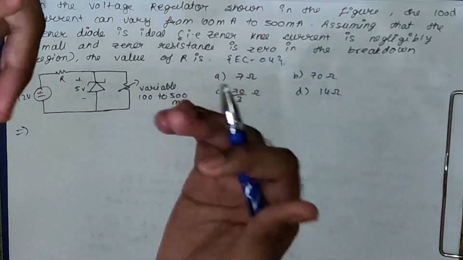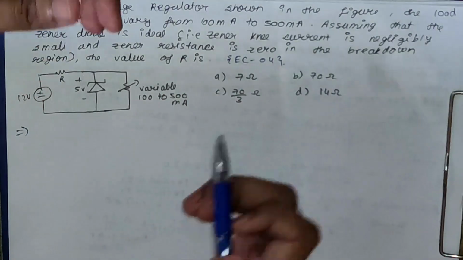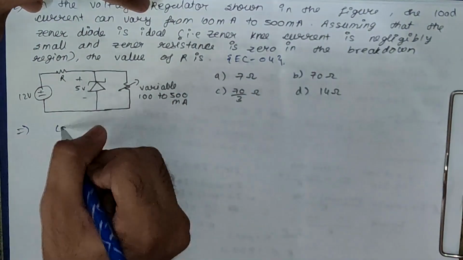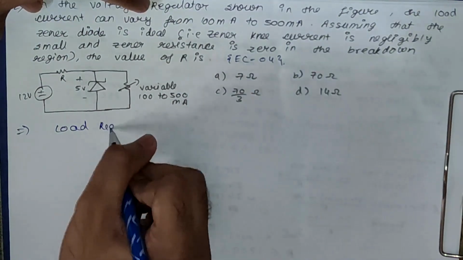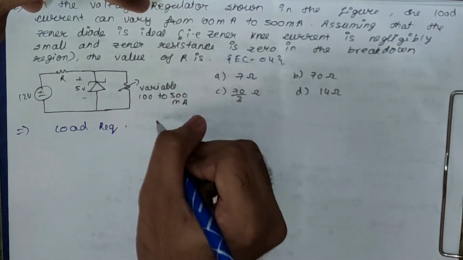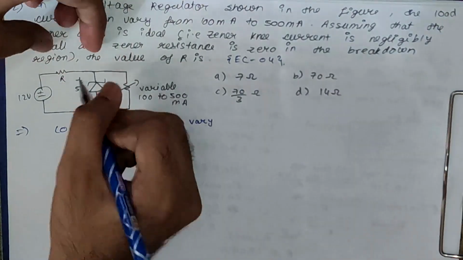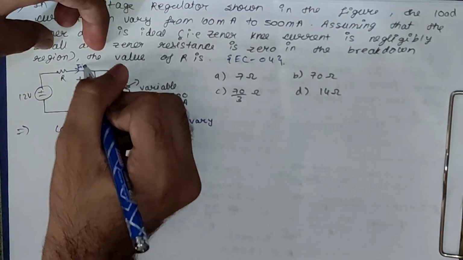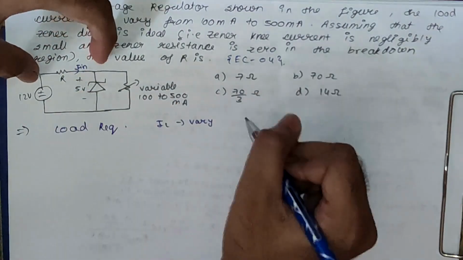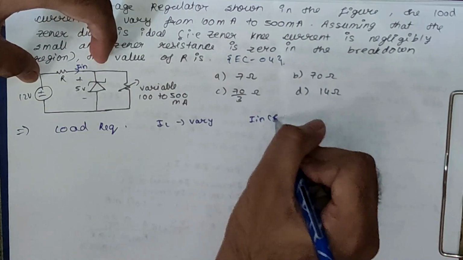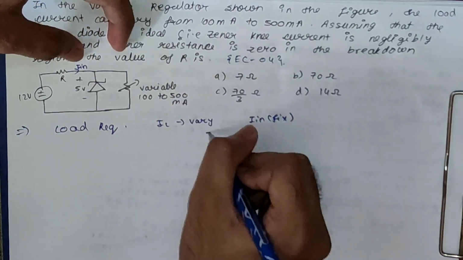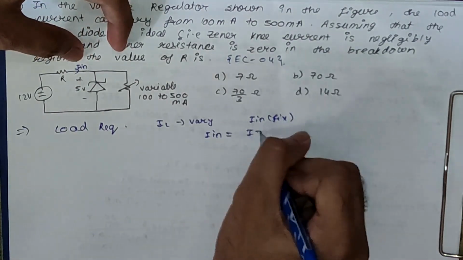We will use the same trick, that is narrow down the things as much as you can. So from this line you get to know it is a load regulation problem. It means here IL is varying. And from this side of the circuit you can see I in will be fixed. Why? Because V in is fixed here. And from KCL we know that I in is Iz plus IL.